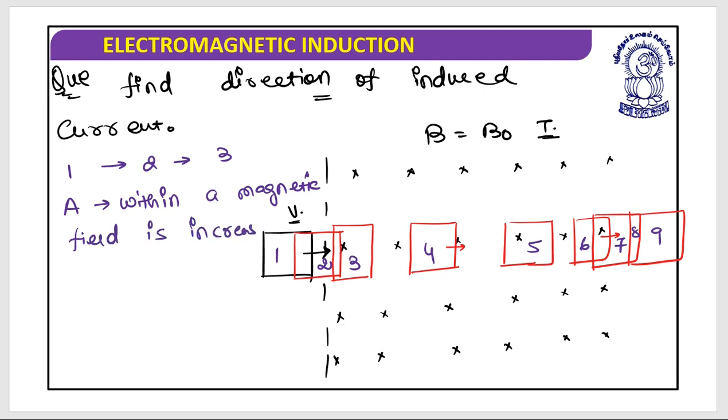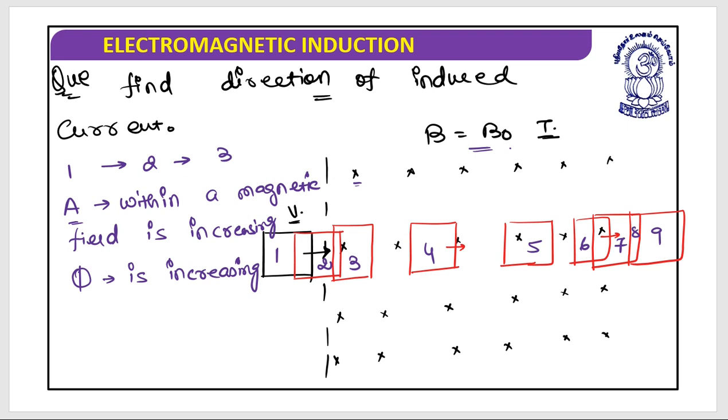If the area is increasing, that means flux is increasing. The magnetic field is constant, but the area is changing.